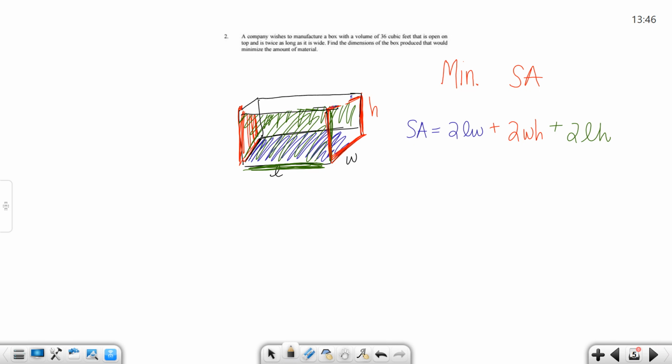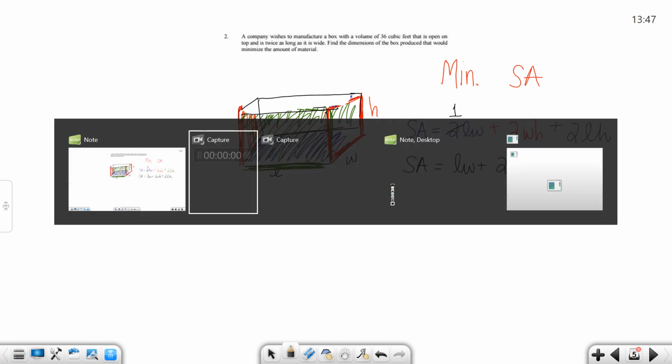Okay, so since it doesn't have a top, that means one of the blue pieces is gone, and the formula we're going to use today is length width plus 2 width height plus 2 length height. Now, inside the surface area formula, you have 3 variables, L, W, and H. You can't use all 3 of those, so you have to narrow it down to get 1 variable using other facts.